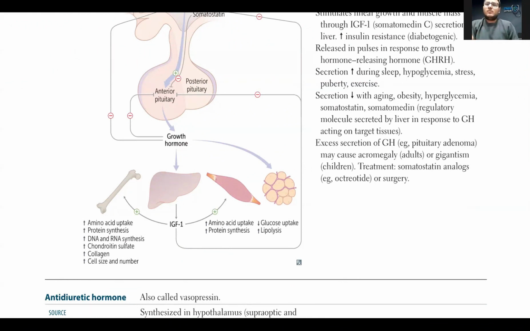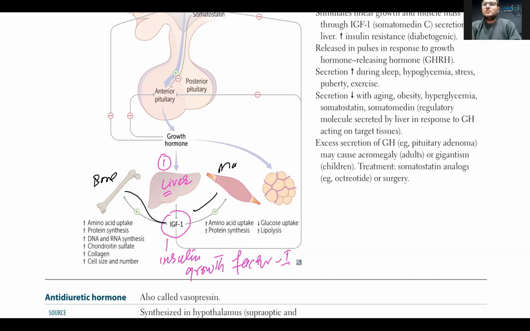First of all, we will study one by one. Growth hormone action number one is happening on the liver, and it regulates and produces a very important regulatory molecule that is insulin like growth factor 1. This insulin like growth factor 1 is super high yield and very important because this acts on different organs. One of them is the bone, and next is the muscle.